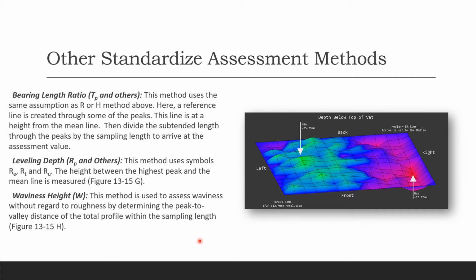Instead of assessing each peak and valley, we take just the waviness without regard to the roughness, and determine the peak to valley distance of the total profile within the sampling length. So it's a little bit complicated. It's not a very popular method, but research groups will sometimes use this.